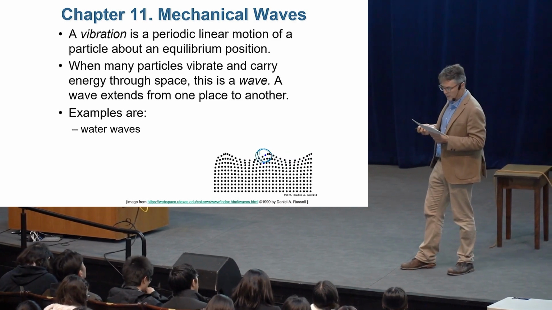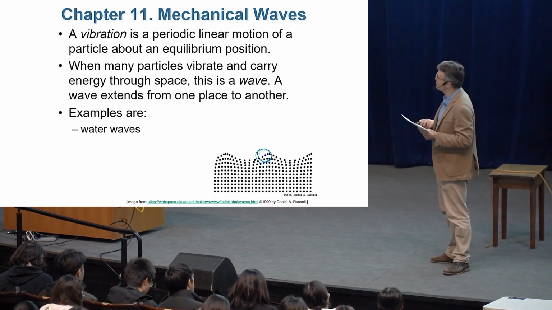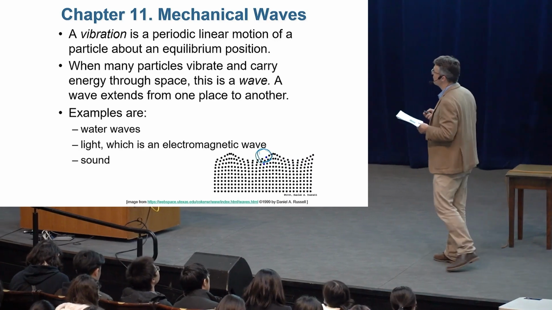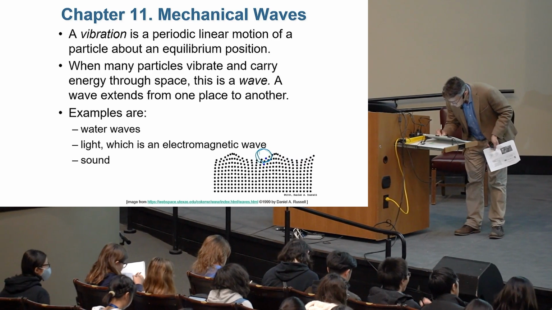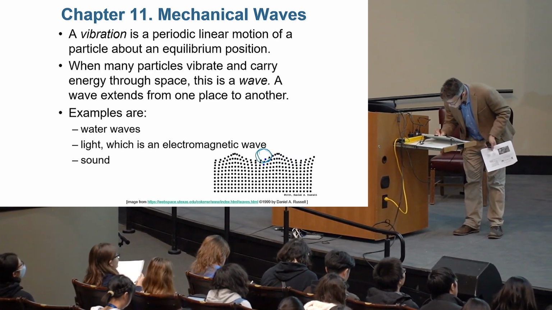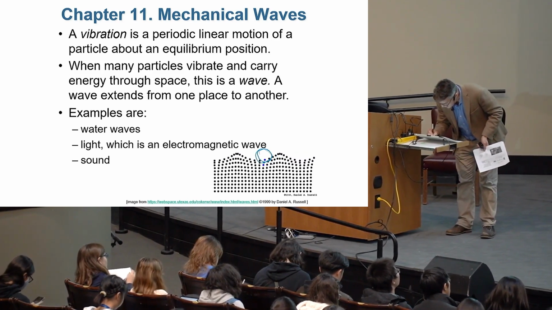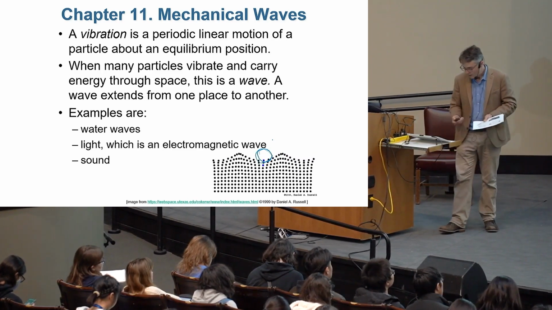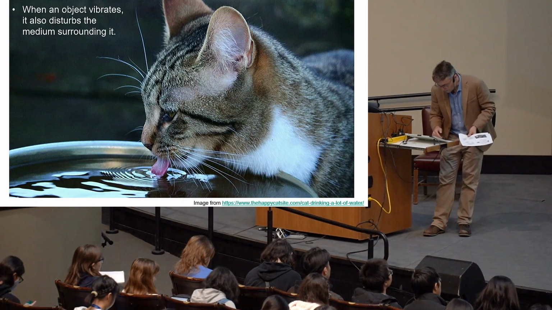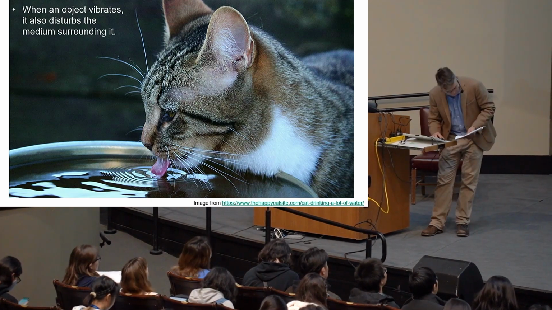Examples are water waves, light, which is an electromagnetic wave, and sound. I've tried to draw a little circle here, which is trying to plot the motion of particles in a water wave. But basically, you see it all around. Like, look at this cat's tongue.